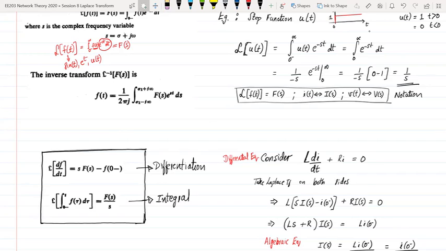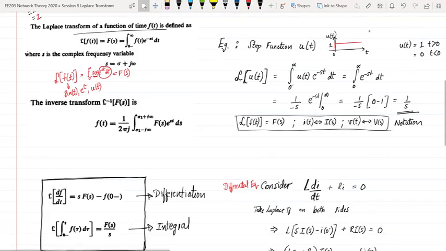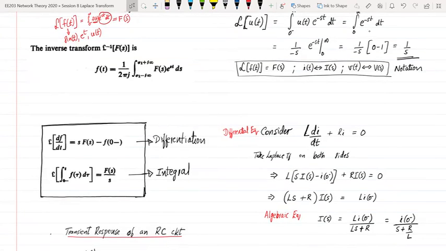In the simplest case, we talked about the Laplace transform of f of t is integral e power minus st dt. In place of f of t, if I write df by dt, if I take the differentiation of f of t, then the Laplace transform is now written as s F of s minus f of 0.